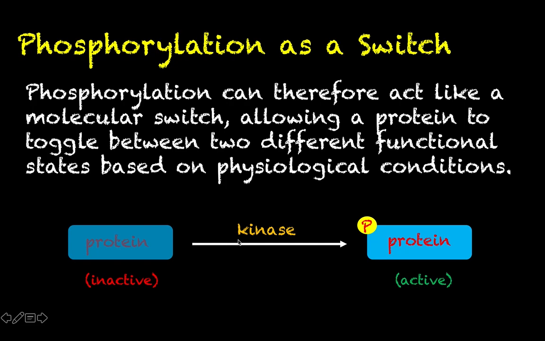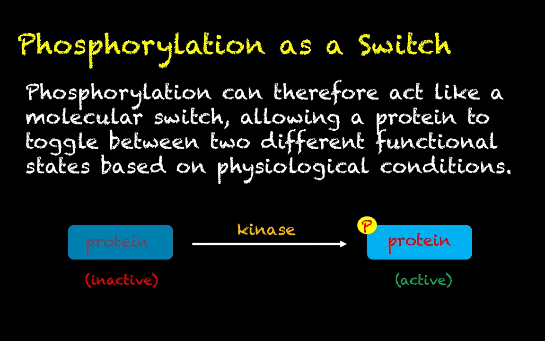So if we were to activate a kinase enzyme so that we phosphorylate this protein, it is going to take on a conformation change. It's going to change its shape, and now this protein will actually be active, and it will start doing some task or some job that it was not doing previously. So, like I said, it's like flipping a switch on and off.